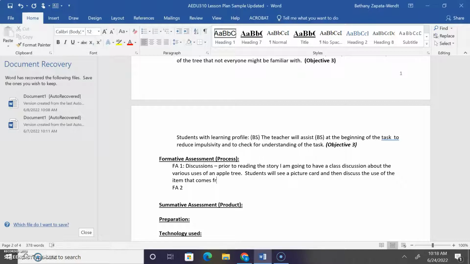Prior to reading the story, I'm going to have a class discussion about the various uses of an apple tree. Students will see a picture card that shows parts of an apple tree.